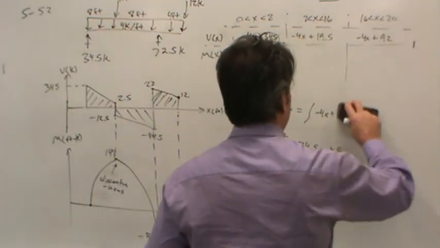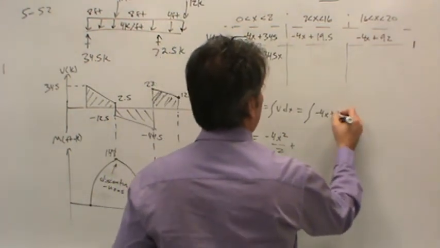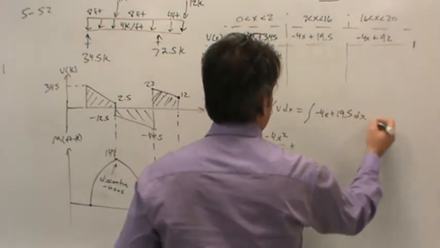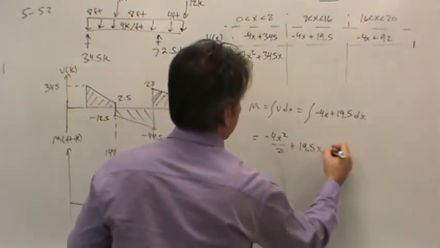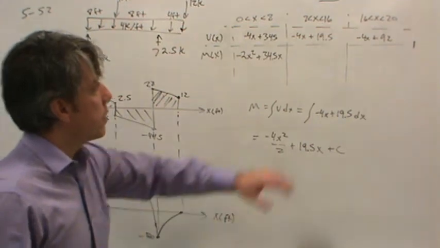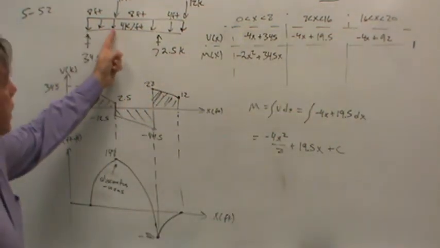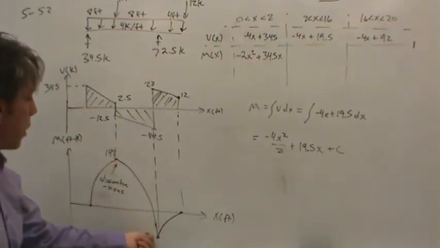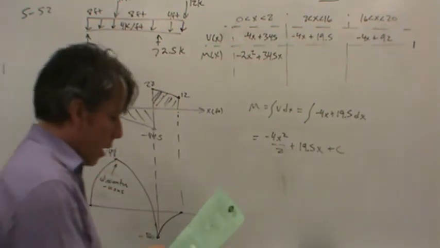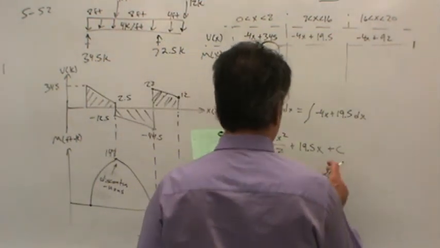Let's integrate the second one. Of course, the only change is the constant, right? So 19.5 dx. So we end up with 19.5x plus some constant. I'm integrating this section now. Now you can plug in either x equals 8 or x equals 16 because you know the value of the moment at either place. When you do that, you'll find out the value of the constant is 120.